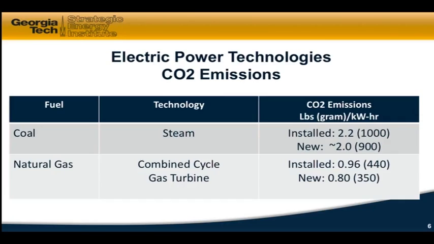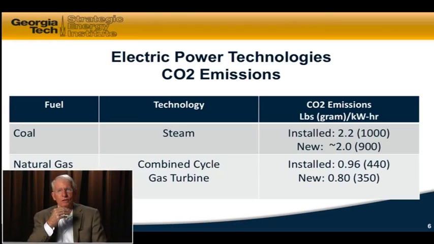So in the steam cycle, coal steam cycle, burning coal, you produce about 2.2 pounds of CO2 per kilowatt hour that's produced. That's in the field operation. Again, it comes from Energy Information Agency data right off their website. That's about 1,000 grams per kilowatt hour of carbon emissions per kilowatt hour in the metric system.